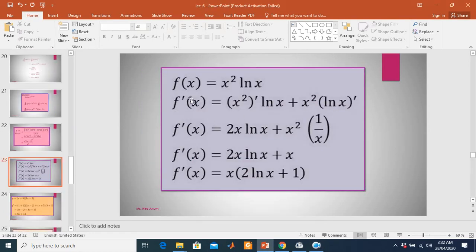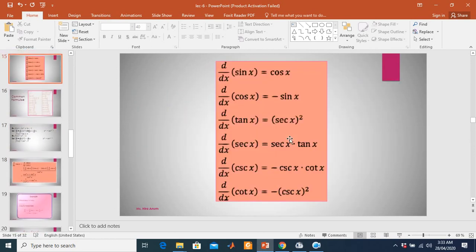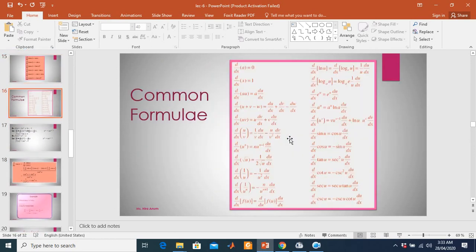Now we have an example, f of x equals x square ln x. We are applying the product rule. Here we have the first derivative, second as it is, plus first as it is, second derivative. Now the derivative of the first is 2x ln x plus x square. The derivative of ln x is 1 over x. You can see from these formulas, the derivative of ln x is 1 over x, like this.